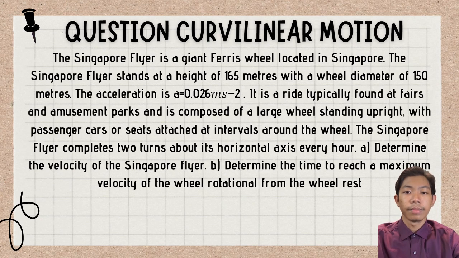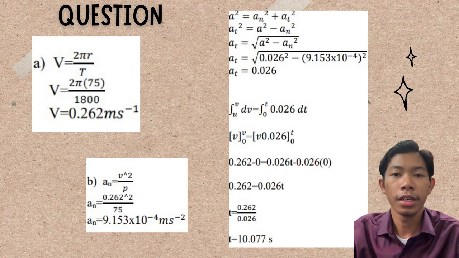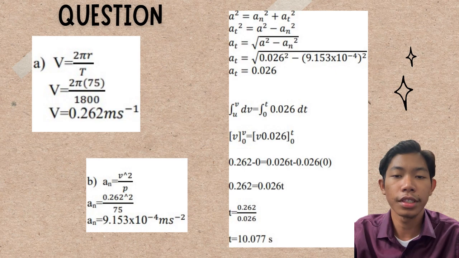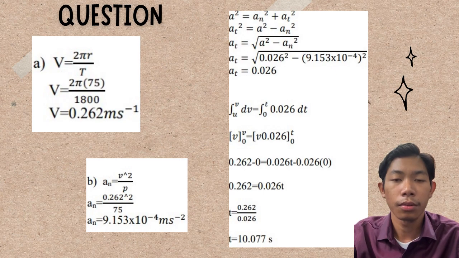For question A, we use the formula velocity equals 2 pi radius over time. Enter the values of radius and time, calculate as usual, and we get the answer 0.262 meter per second. For question B, we need to determine the value of an by using a formula.